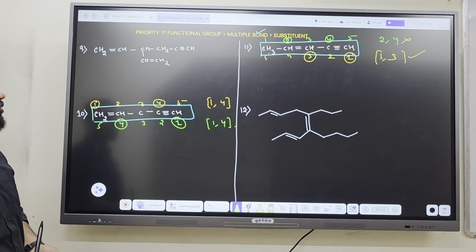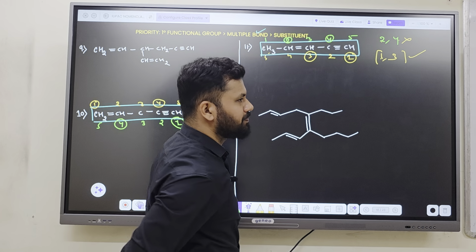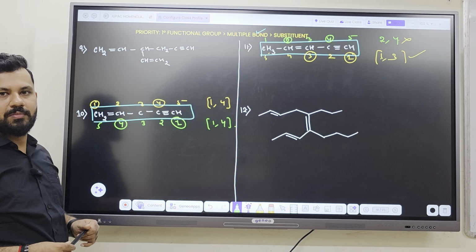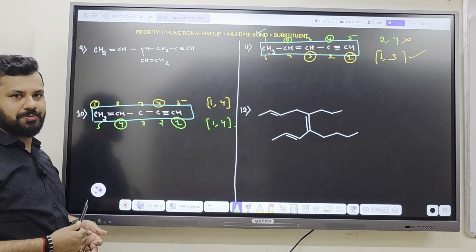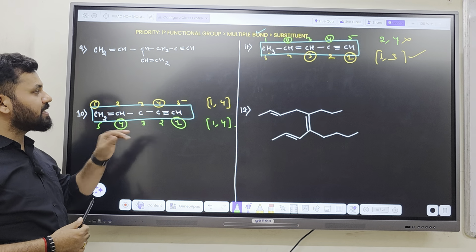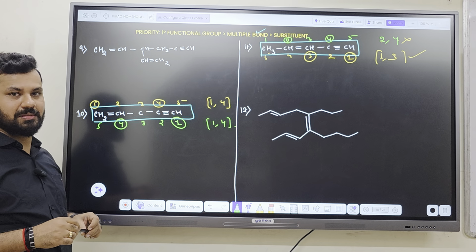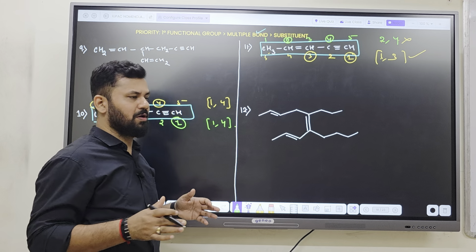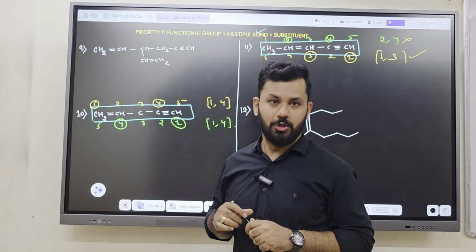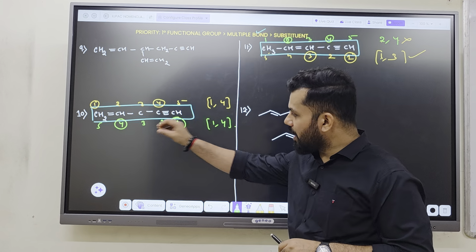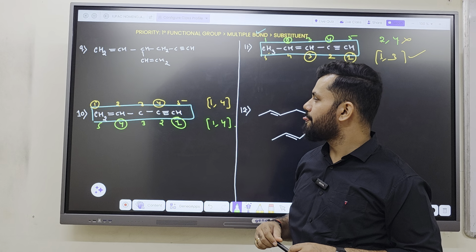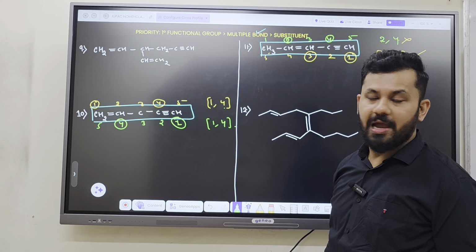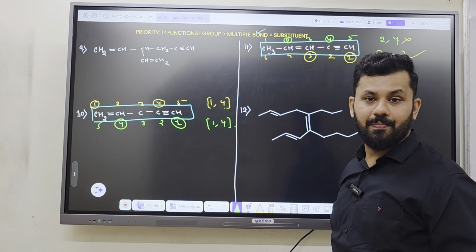Sir, in that case, you move to the substituents. But sir, there are no substituents. So a bit of tension. Since there are no substituents, what to do? So both ways are correct? Both ways cannot be correct. See, to start with, we do not distinguish between a double or a triple bond. For us, they are simply multiple bonds to start with. But now we have arrived at a point where the set of locants are same, and also there are no substituents to resolve.